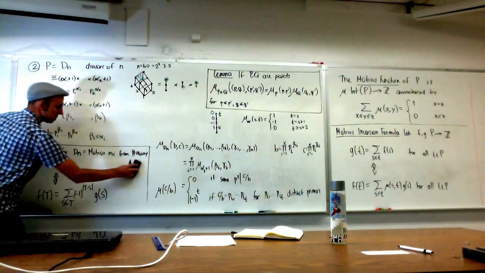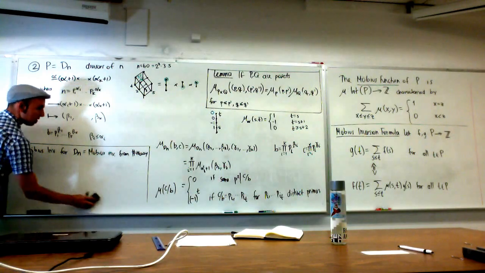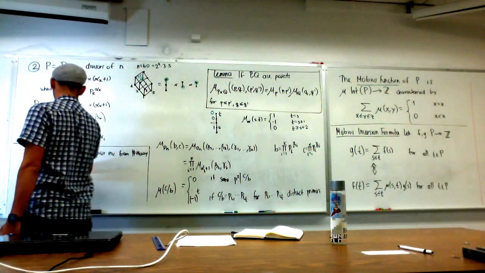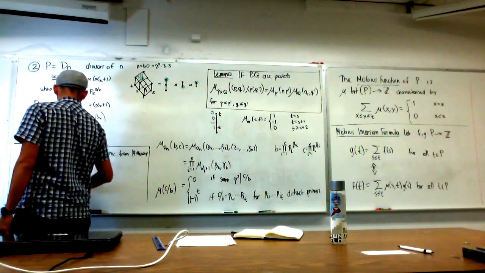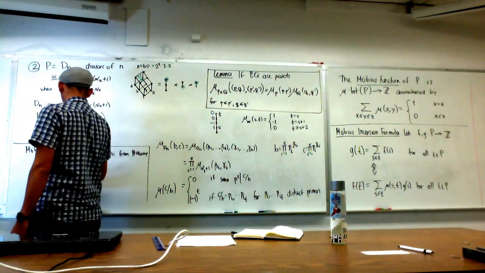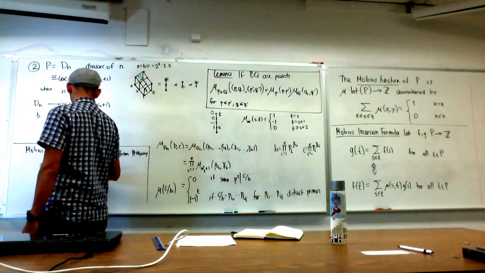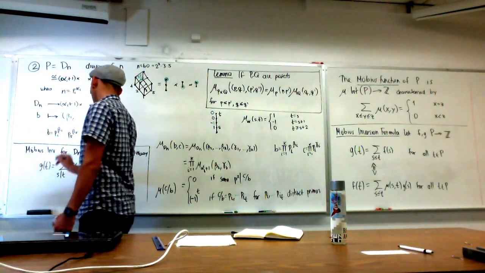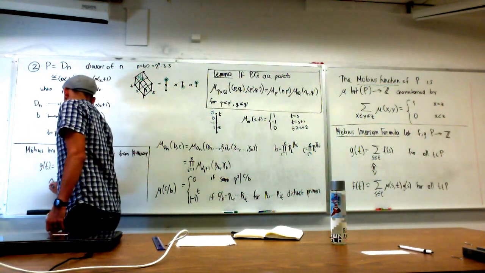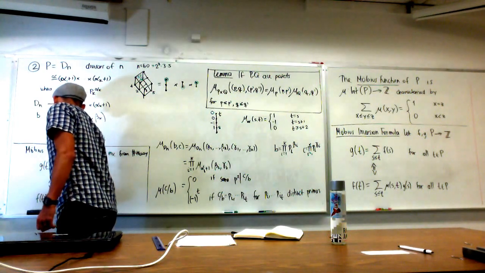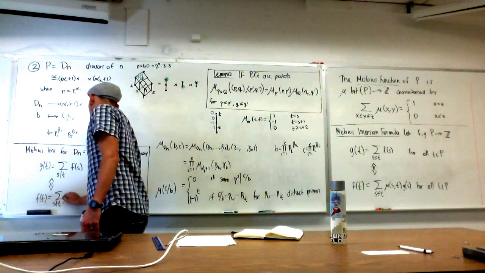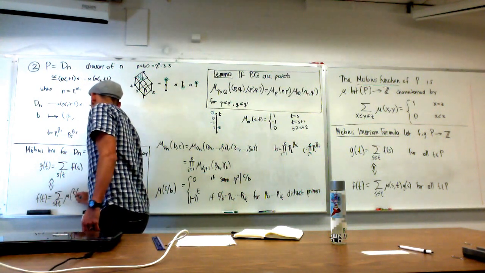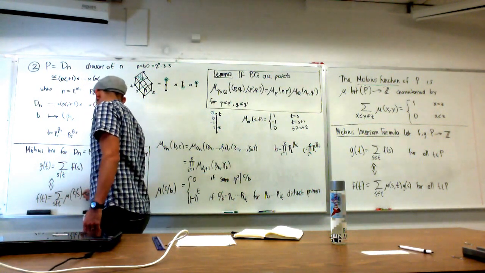It says the same thing. If g of t is the sum over the divisors of t, f of s, that's true if and only if f of t is the sum over the divisors of t of the Moebius number of t over s times g of s.